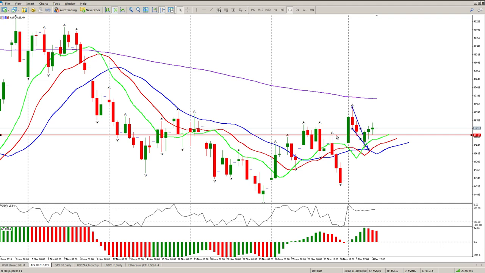Okay, so we broke above this fractional level here, and we've come back to test the break, dropped in a little bit below it, but that is pretty much a long signal, so fractional break above the alligator. Now, problem is, I think, with all the political noise going on, we're more than likely going to sell off.